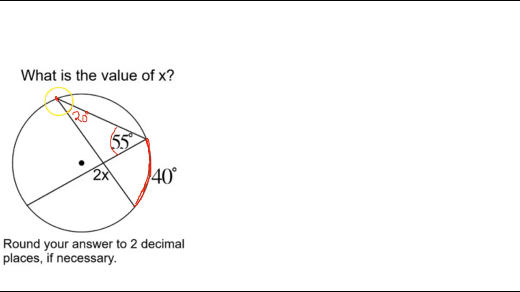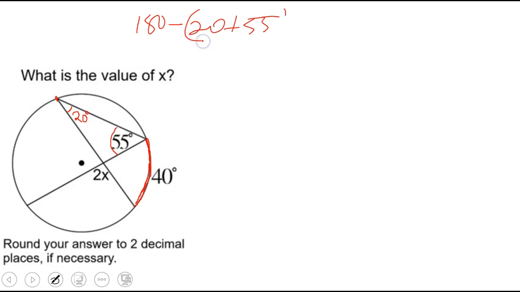And we see we have a triangle inside. See this triangle in here? The sum of angles in a triangle will always be 180, sorry. So if we add that 20 plus 55, and then subtract that from 180, we get the angle that is in here, which should be 105, right?